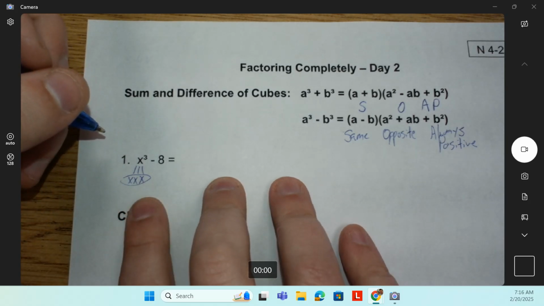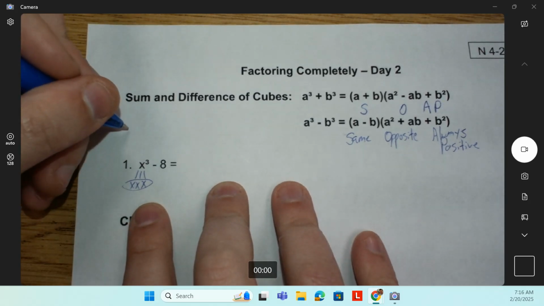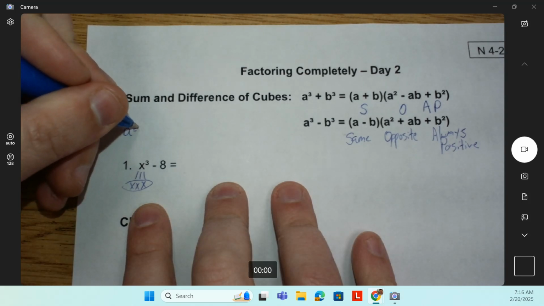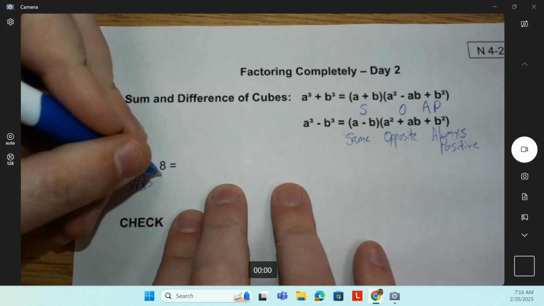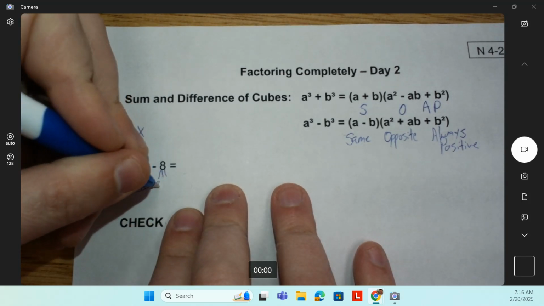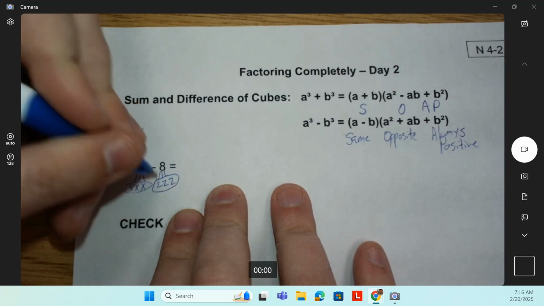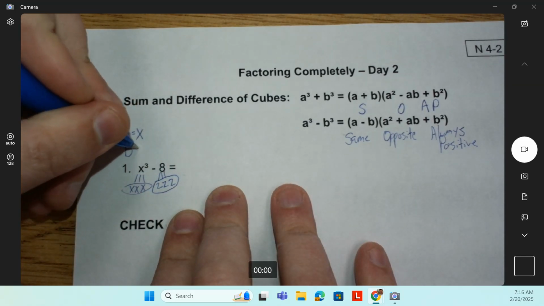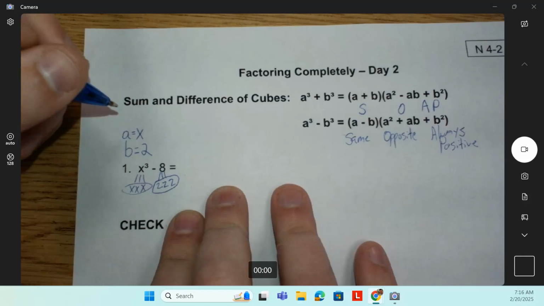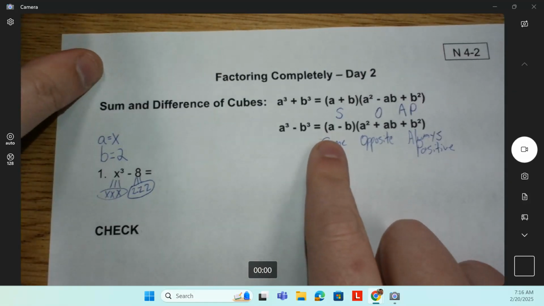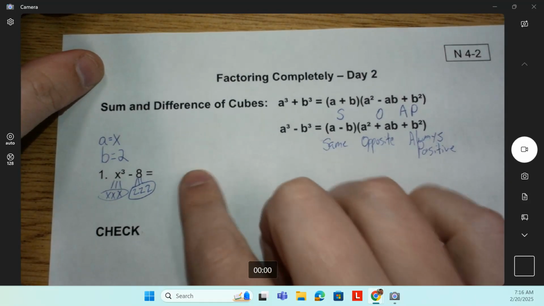So x to the third power is a group of 3 x's, so a is going to equal x, and 8 will be split up into 2 times 2 times 2. So the b value is going to be 2. And so once I know that, then I can just fill in a minus b. Okay, so x minus 2.